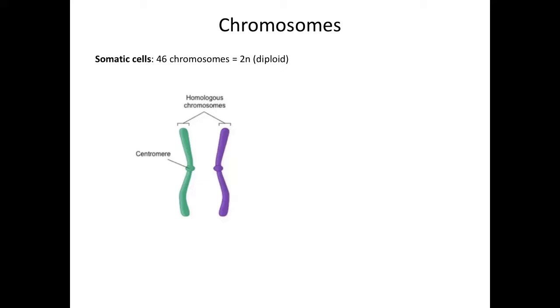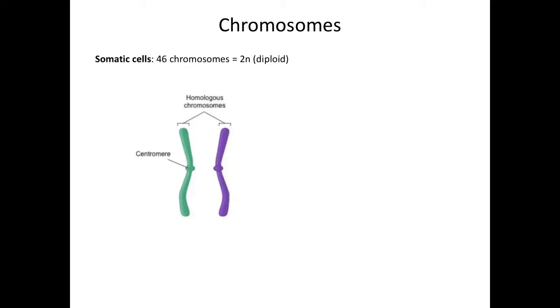For example, these chromosomes might contain a gene for hair texture. The green one from your mother might contain the gene for curly hair, and the purple one, which came from your father, might contain the gene for straight hair. Even though the genes are not exactly the same, they're both coding for hair texture.